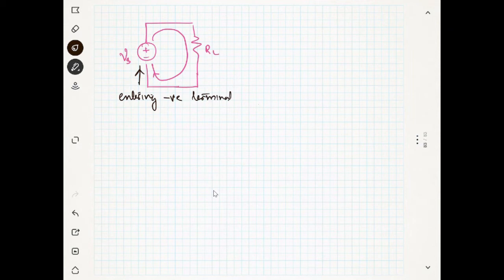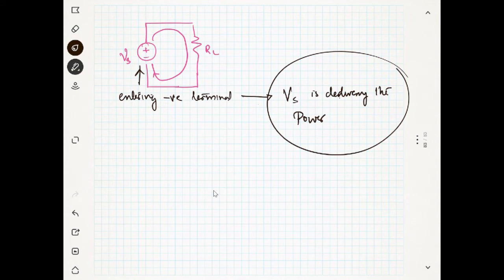So if the current is entering the negative terminal, your Vs is delivering the power. Who is supplying the power here? Vs, because the current is entering the negative terminal of Vs. So Vs is a source, and this source is delivering the power to the circuit.